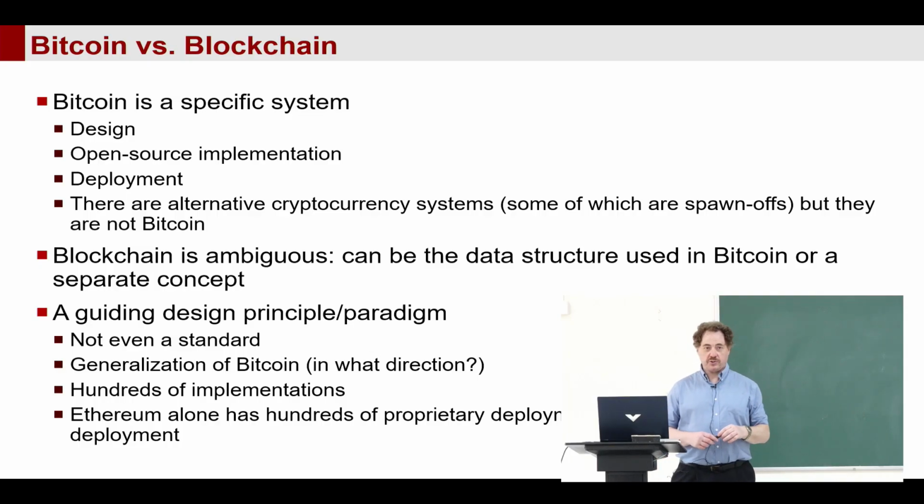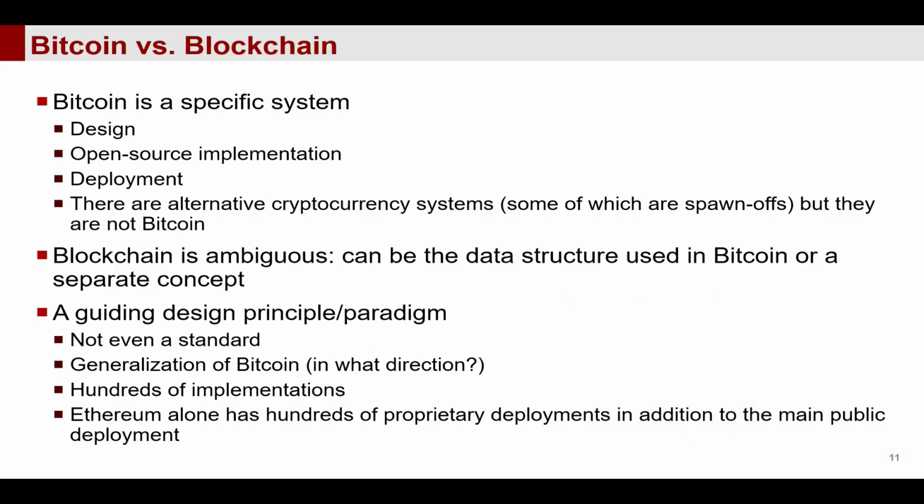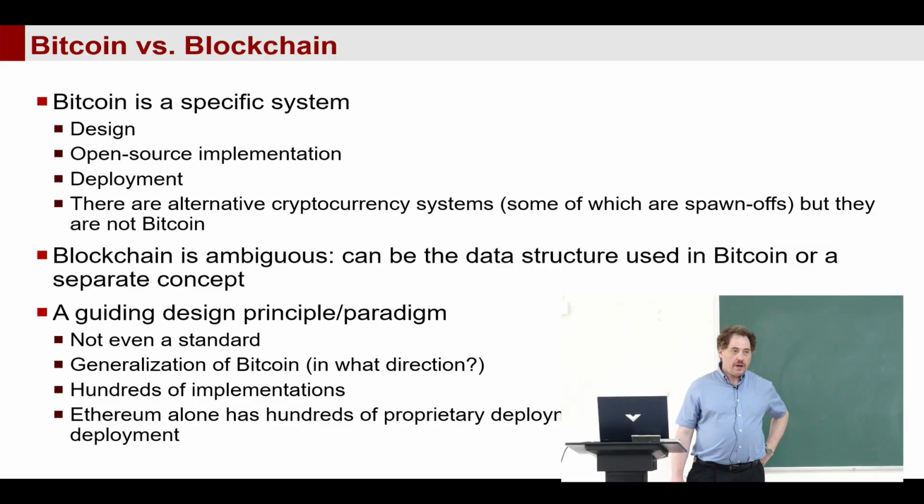Blockchain, on the other hand, is totally ambiguous. It can be the data structure, a chain of blocks. It can be the exact data structure of Bitcoin. It could be a separate concept. It could be a guiding design paradigm or principle. There are developing standards, but so far there is no strong standardization in blockchain.